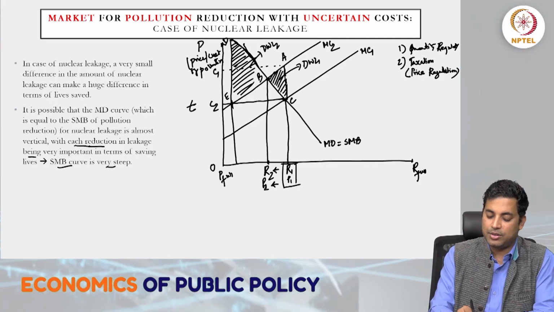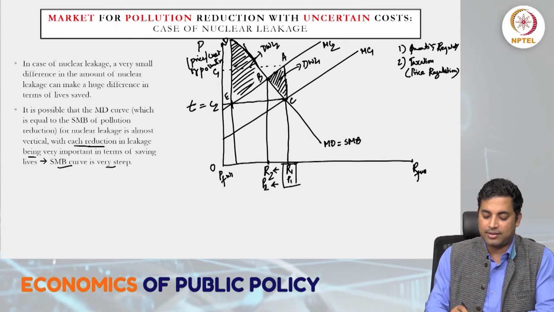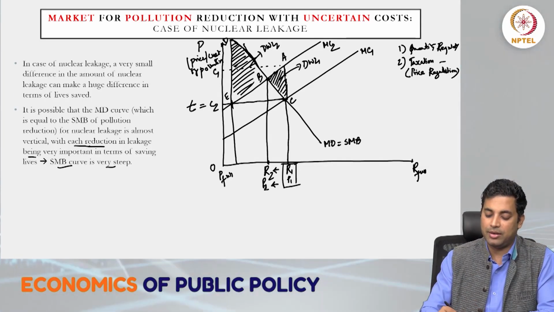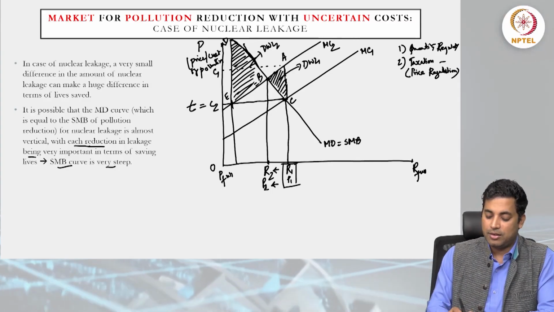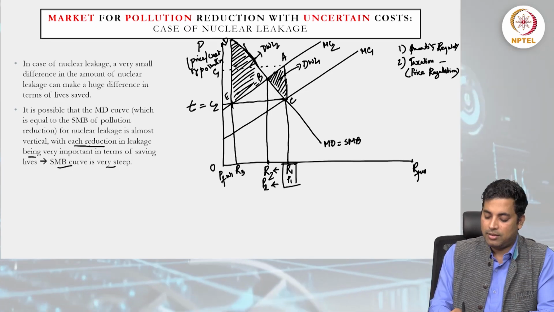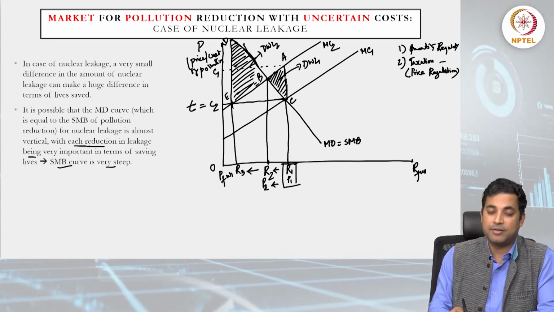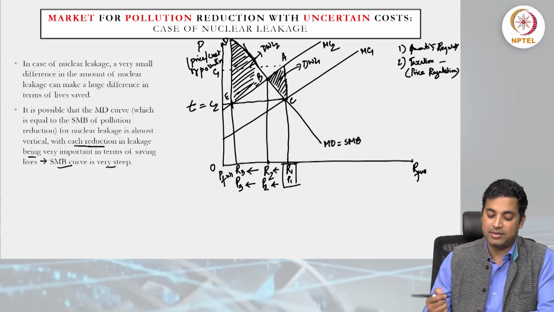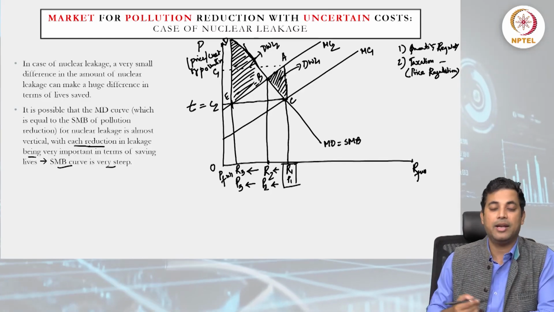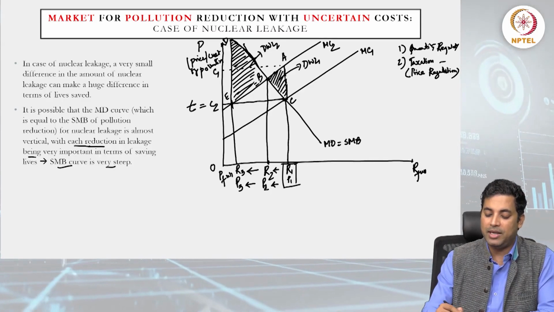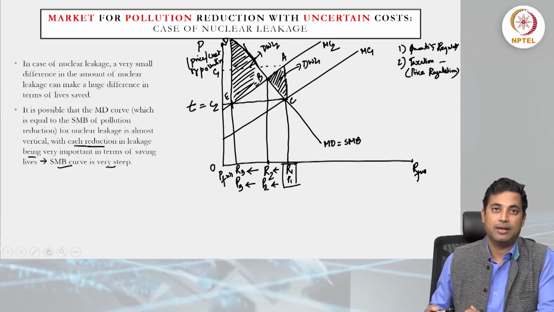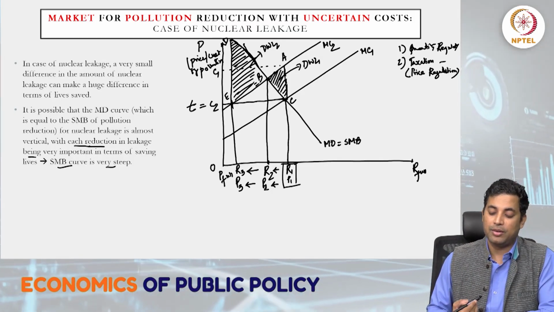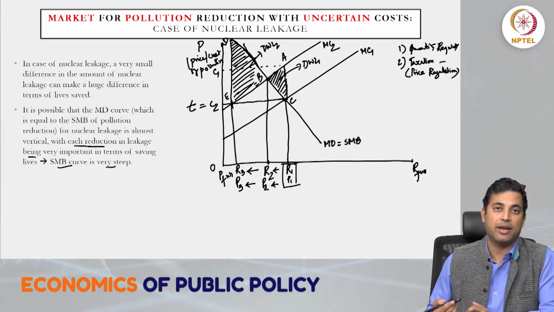But if I include tax, at the tax OT amount or OC2 amount, then pollution reduction gets further reduced and pollution gets further increased, right? So the area of deadweight loss, area BDE, is much higher than what we have seen in the global warming case. So this is primarily the difference between these two extreme cases.